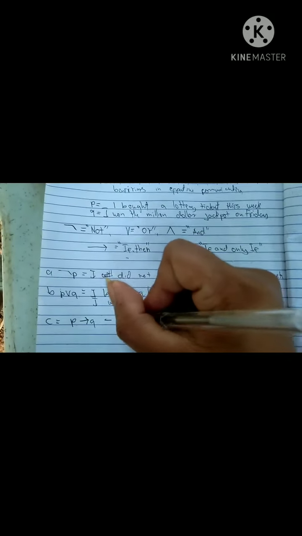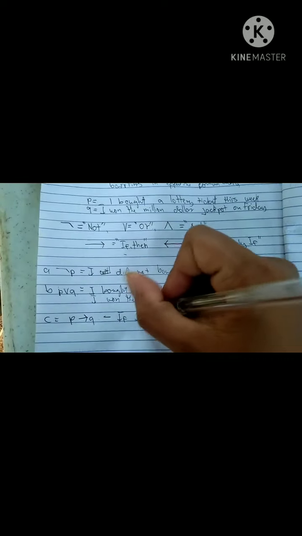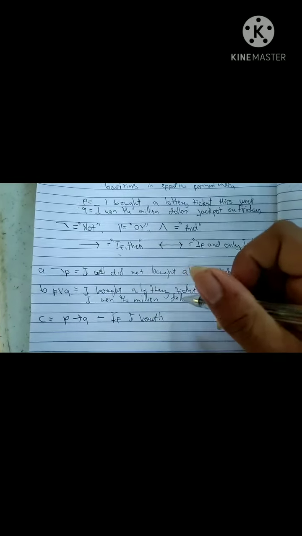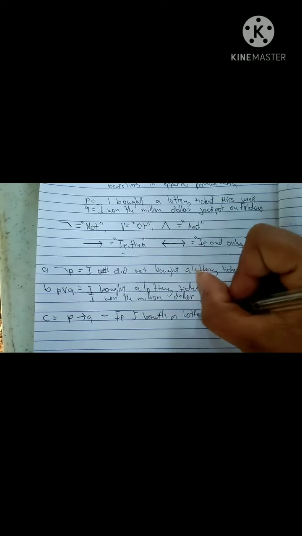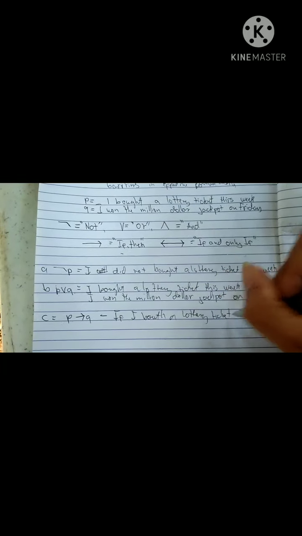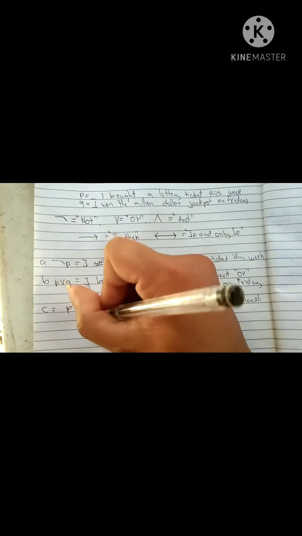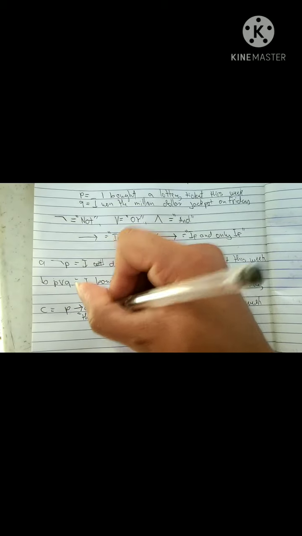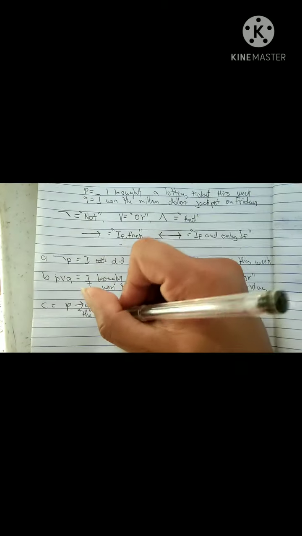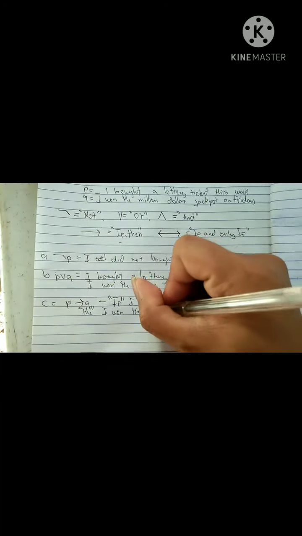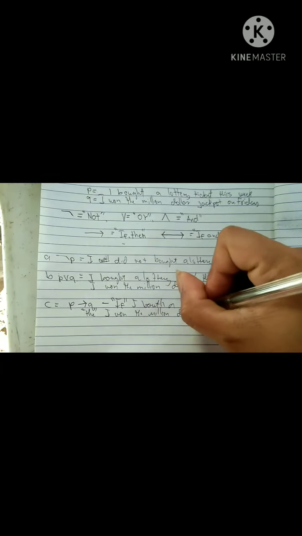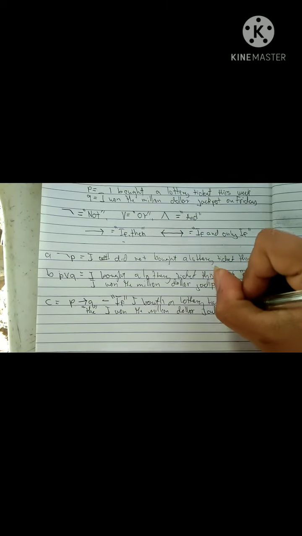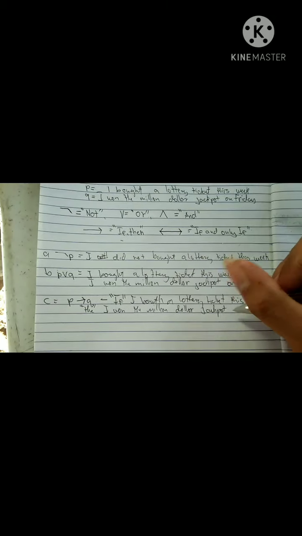So we will put: "If I bought a lottery ticket this week, then I won the $1 million jackpot on Friday."